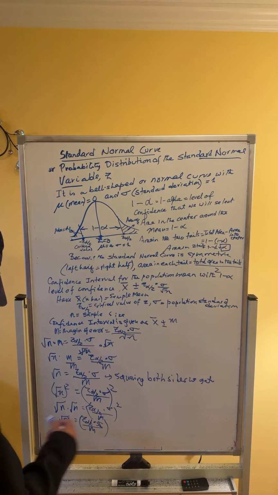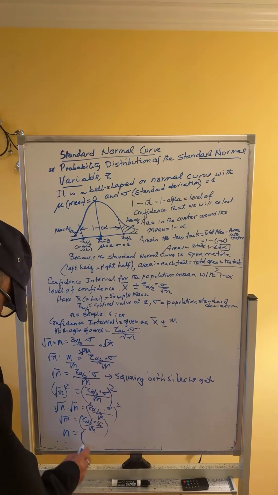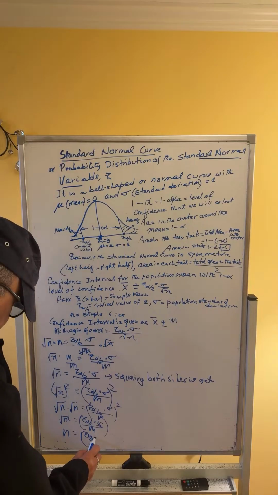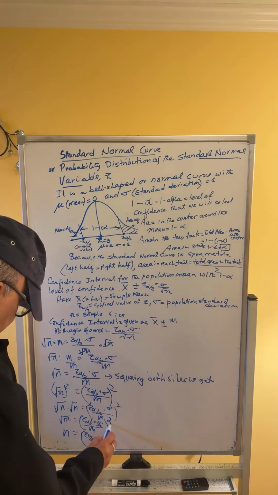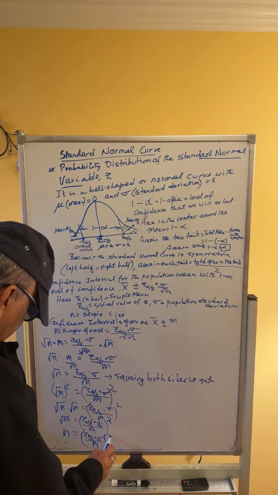Or if you remove the square root, it becomes n is equal to z alpha by 2 times sigma divided by margin of error, squared.